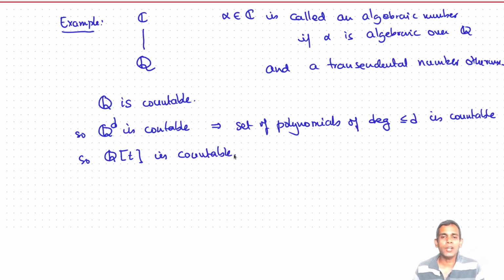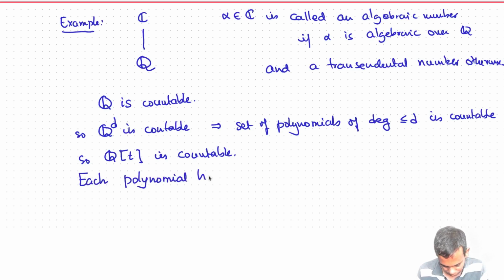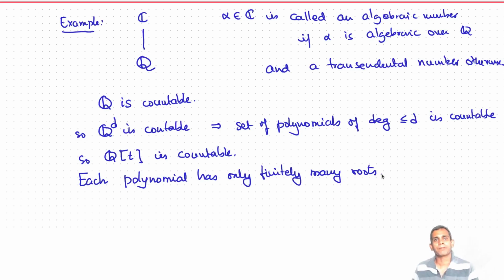Now, each polynomial has only finitely many roots. So, given any algebraic number, we can associate to it one of the polynomials of which it is a root.